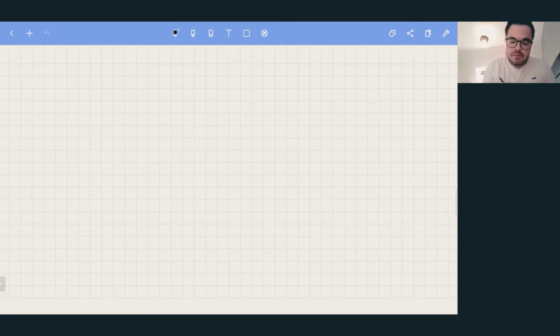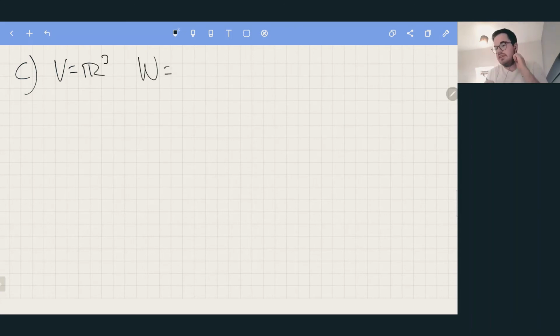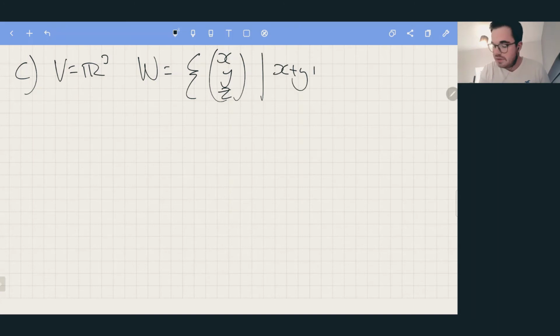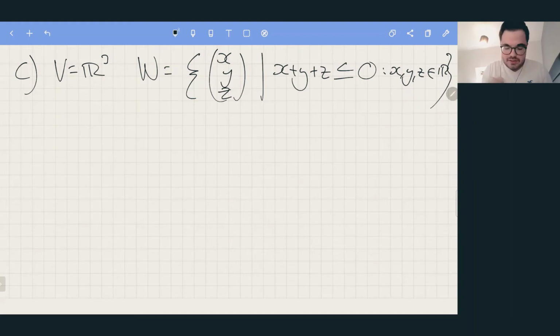Okay, another question. Let's take again V equaling R cubed, and we'll have W be the set of vectors x, y, z, such that x plus y plus z is less than or equal to 0 for all x, y, z in real numbers. So again, we need to check if it's not empty.